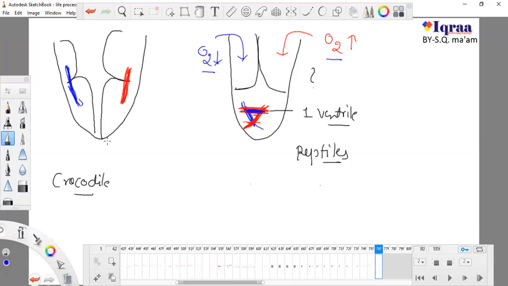There is no separating zone, so there is a mixing of oxygen and CO2.